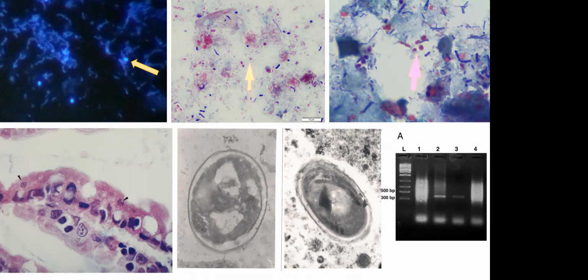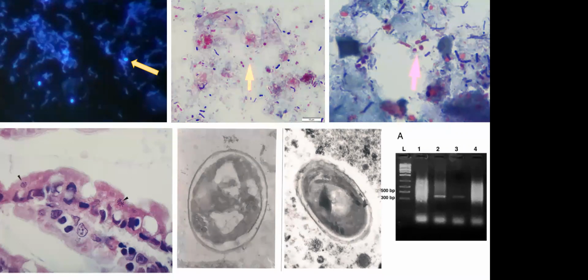And at higher power, you can see some internal structure which tells us that this is a spore and not something else. At the top right, another type of stain called a chromotrope type stain, which stains at a slightly different color.